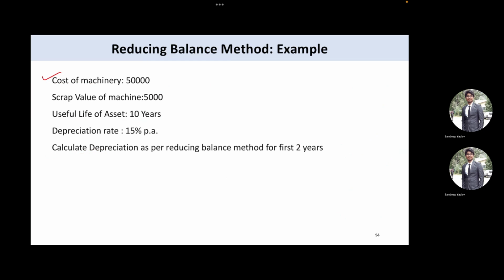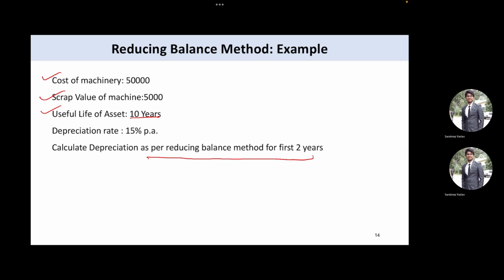Cost of a machinery is 50,000, scrap value is 5,000, useful life of an asset is 10 years, and depreciation rate will be 15% per annum. Calculate the depreciation as per the reducing balance method for the first 2 years.